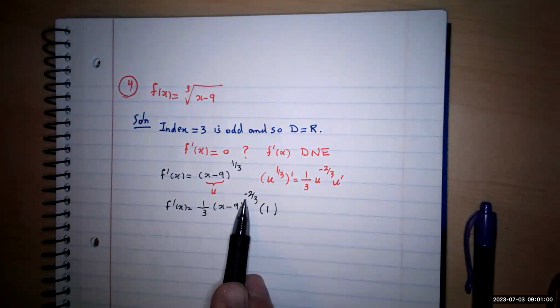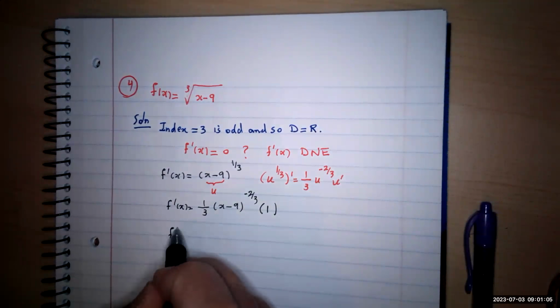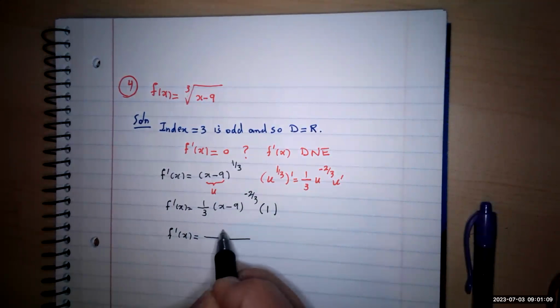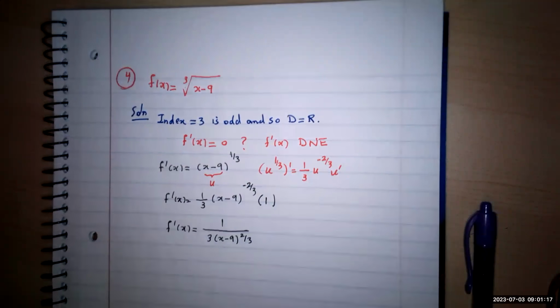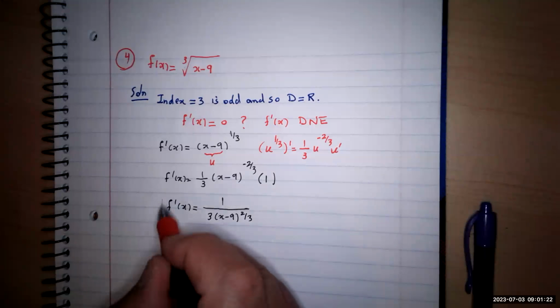You see, rewrite it as a positive power here. So this is going to be f prime of x is equal to the 1 on the top. We get the 3 already, and then we bring x minus 9 to the 2/3 down to the bottom. So this is going to be your f prime of x that you have to investigate. Any question?